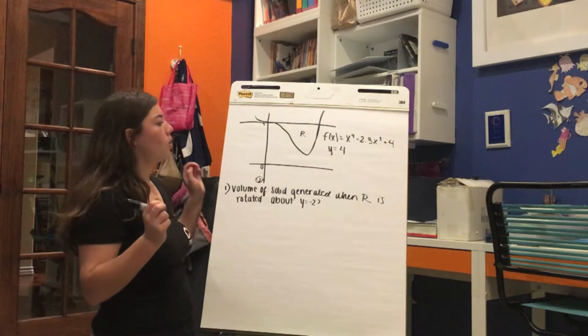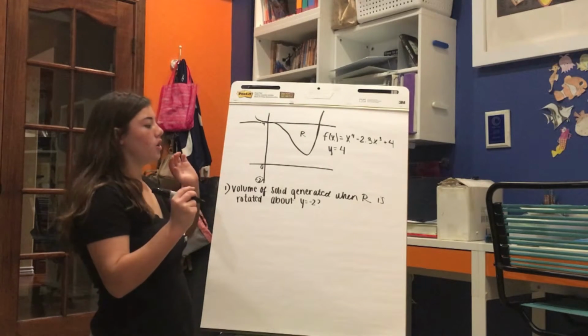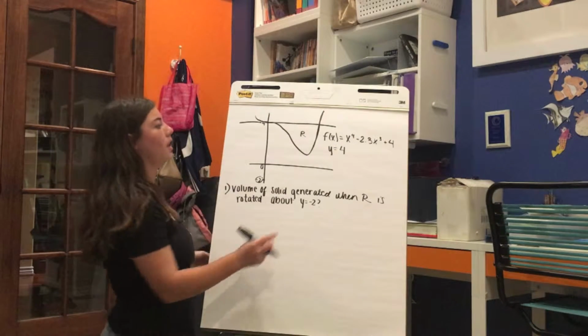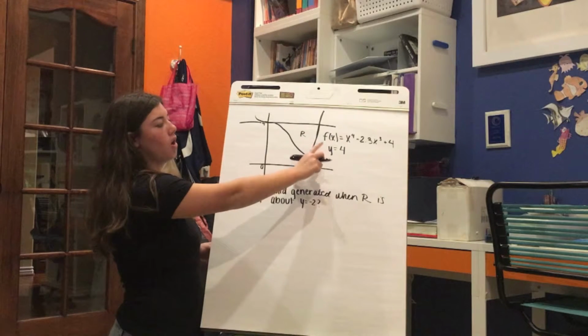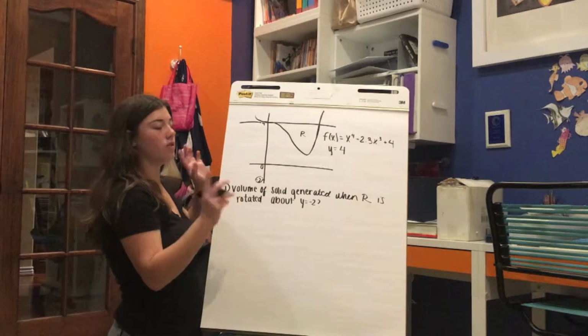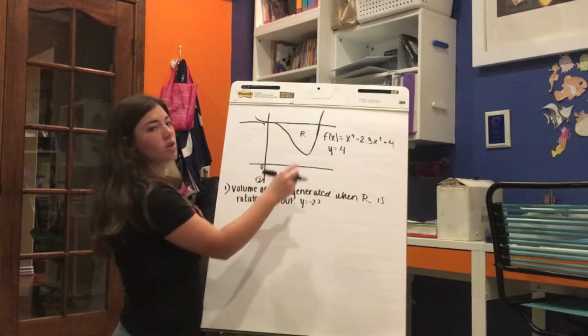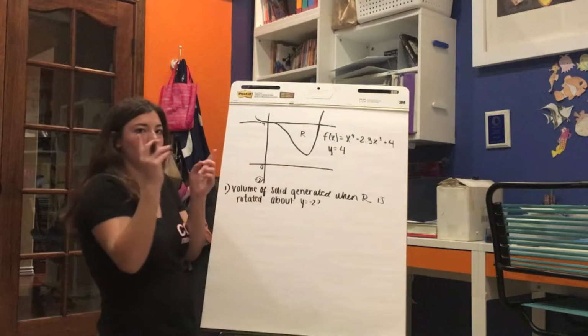And how you first want to set this up is you have to set up your integral. First things first, you have to set f of x equal to 4. You have to set the equations equal to each other so that you can find the points by which this region R is going to be enclosed.